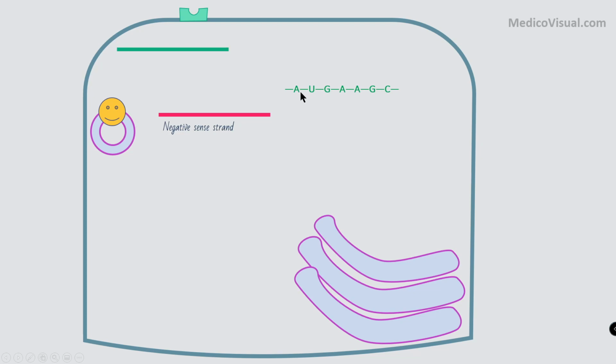Let's suppose this is the sequence of the original genome. If we have to make a complementary copy, then rather than A, here U will come, and rather than U, A will be here, then C, U, and so on. So in front of the positive sense strand, a negative sense strand will be formed, which is its complementary copy.